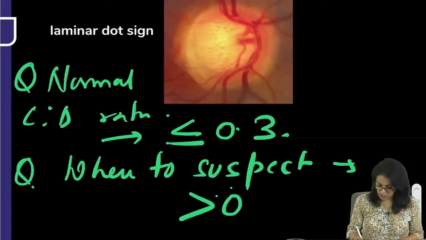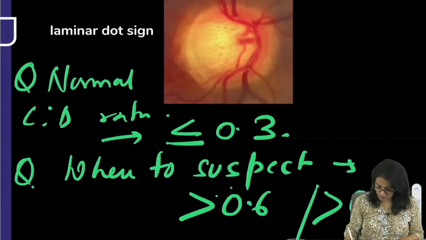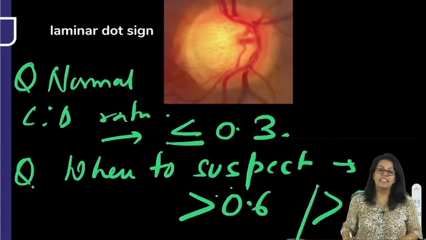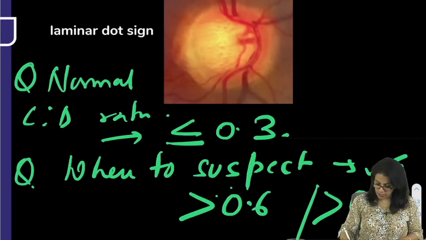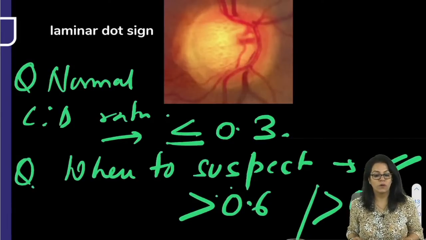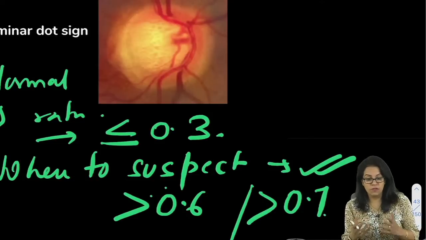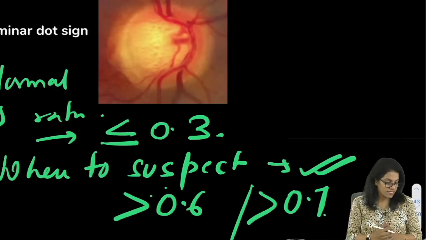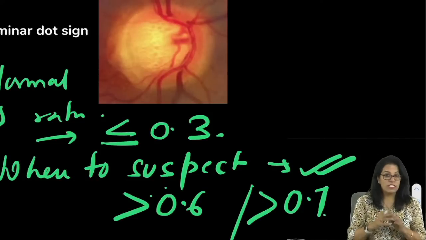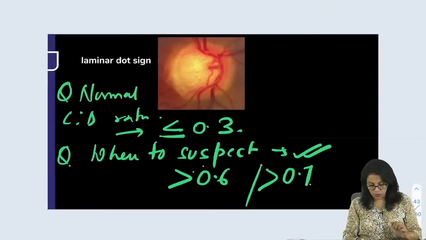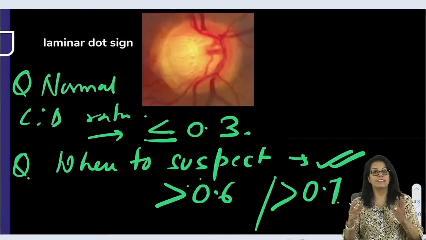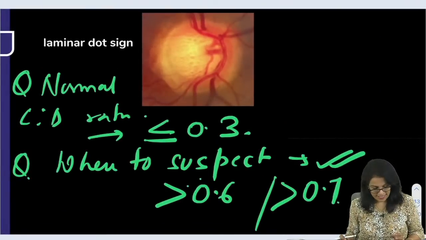Suspect, somewhere it is written 0.6, somewhere 0.7. In the latest edition of Kanski it says 0.7. So if a patient has a CD ratio of this much, we have to be very, very alert and we should suspect. So these are two different questions. I want you to appreciate what they are asking and answer accordingly.